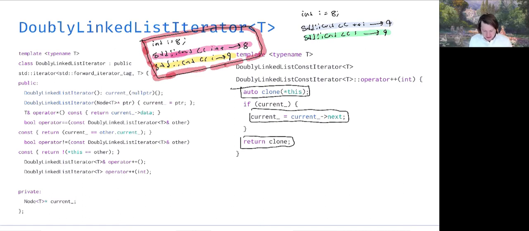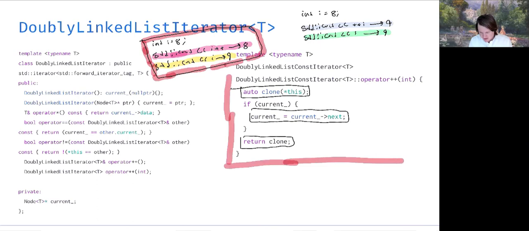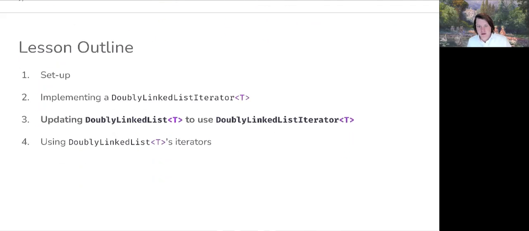So if we look here, i++, in order for this to work, the old result has to be returned. However, the actual change to the object is reflected in any subsequent expressions as shown here. It's the exact same behavior that we have defined within the postfix increment operator for our doubly linked list iterator.